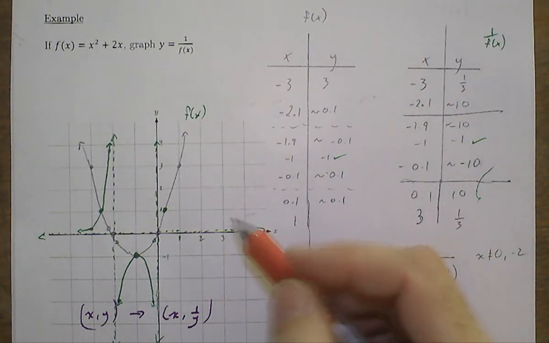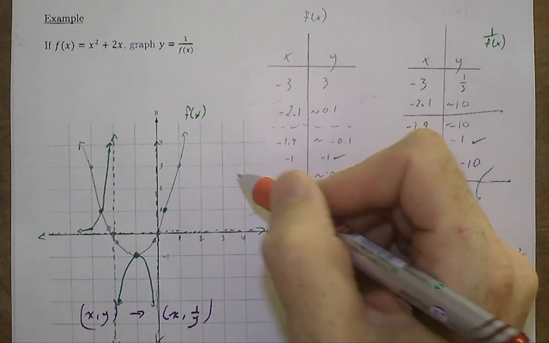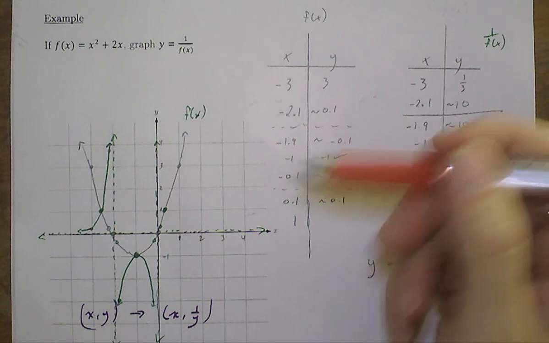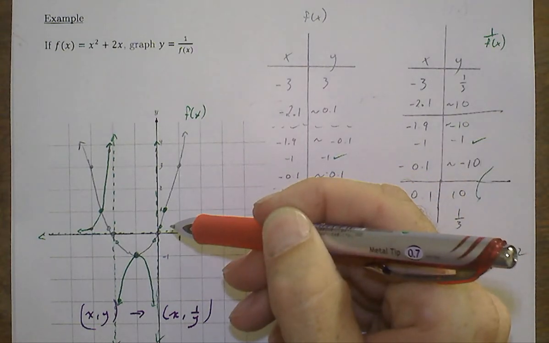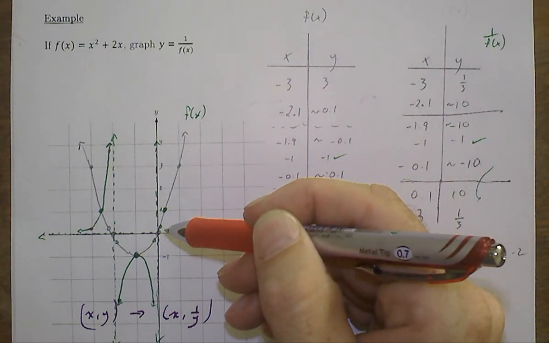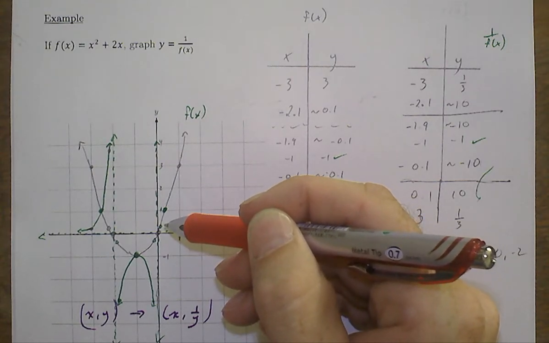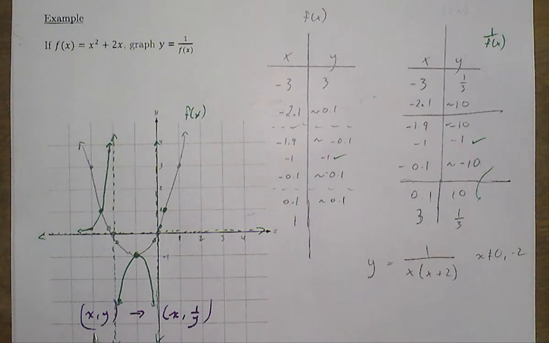On the third domain of this graph, I'm going to take this point right here. On this side of the asymptote, my y value is 0.1, we'll say, or a small positive. If (x, y) is on f of x, then the point x comma 1 over y is on the reciprocal.